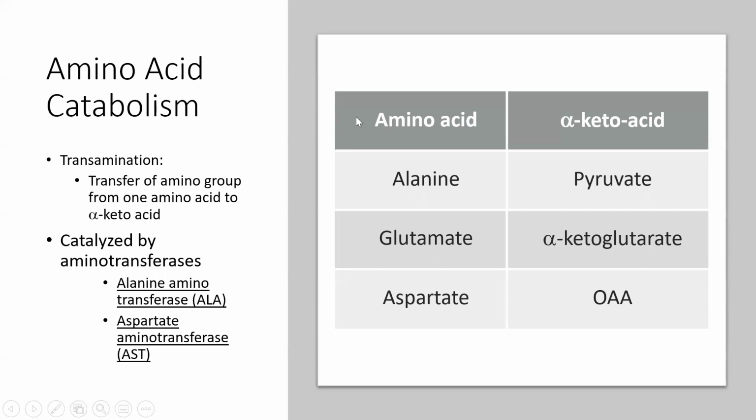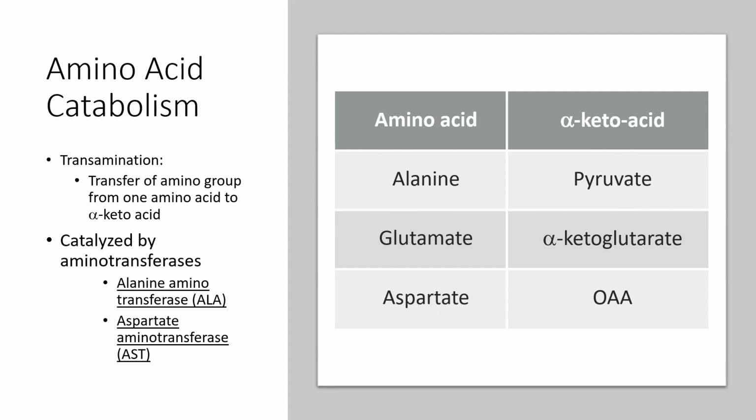If we use alanine as an example, and we transfer the amino group to another amino acid that we're trying to make, the leftover then becomes pyruvate. So pyruvate is that alpha keto acid.